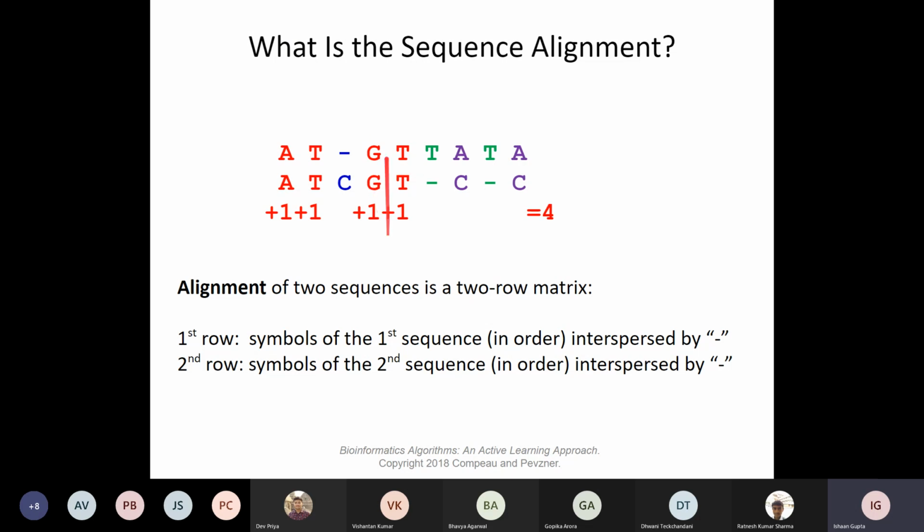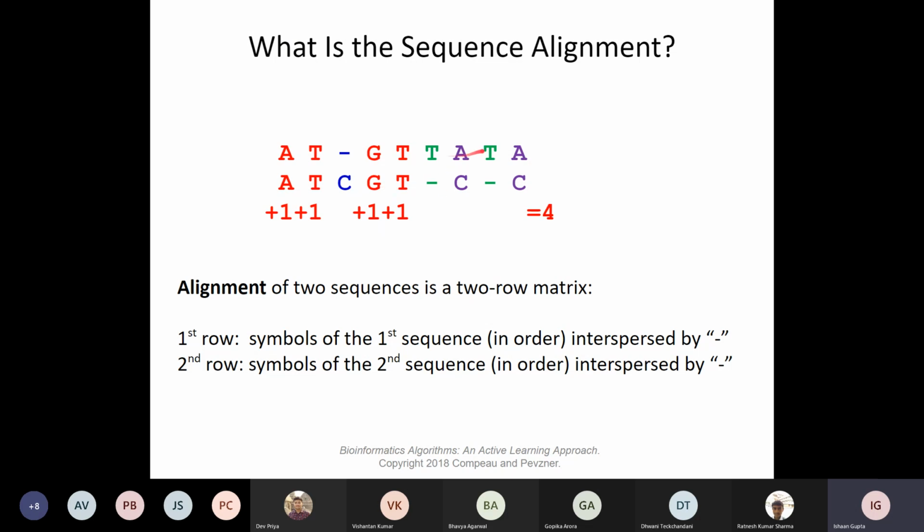If you are comparing these two strings and you assume that they come from the same ancestral string, that they are related to each other, then an insertion here with respect to the top sequence means that, let us say this was the ancestral string and a C was inserted in this new string that came from this ancestral string, right? This is something that can happen during the course of evolution.